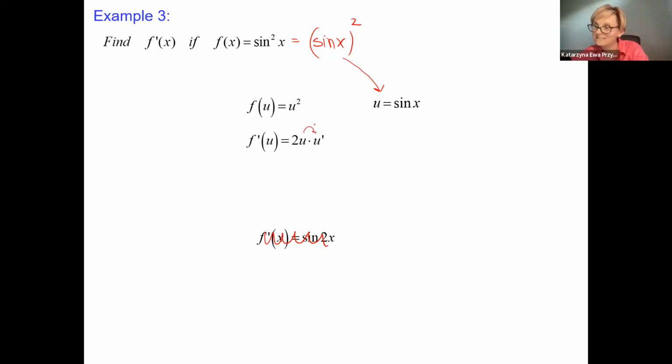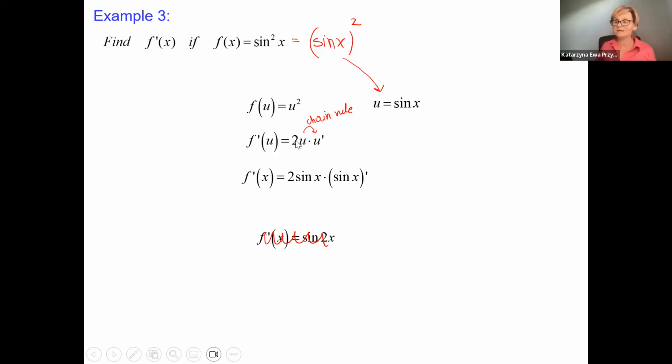If this is just x squared, the derivative of x squared will be 2x. But if this is u squared or w squared or different variables squared, we don't know. That means it's always safe to say the derivative of u squared is 2u times u prime. If u prime is 1, that's fine. But if u prime is different, then we will have the correct answer.